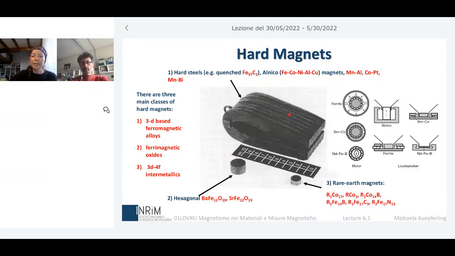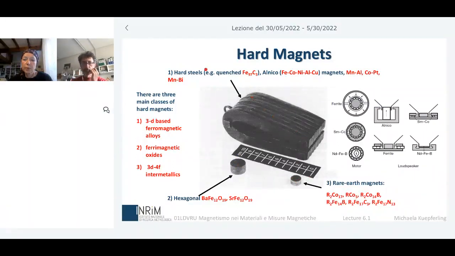I like this slide here very much, although it's a very old picture. You can see here the different sizes of different kinds of magnetic materials that you need in order to obtain the same energy stored in the hard magnetic material.